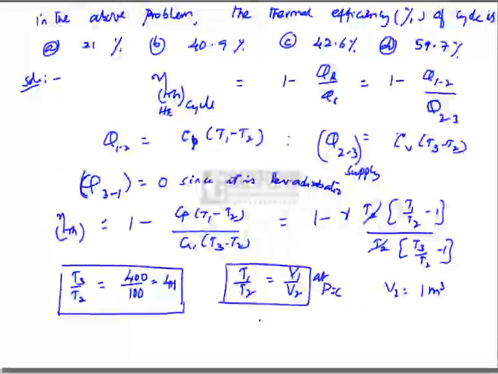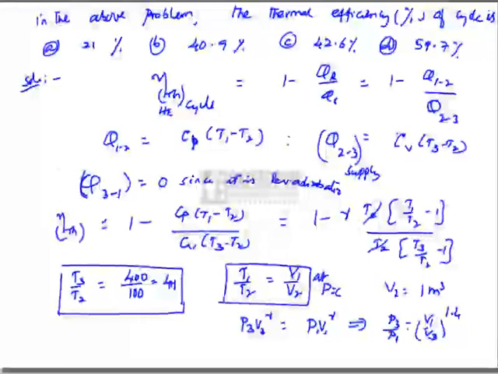V1 could easily be calculated from the process 3 to 1, that is P3 V3 to the power of gamma is equal to P1 V1 to the power of gamma, implies P3 by P1 is equal to V1 by V3 whole power gamma, which is given as 1.4.